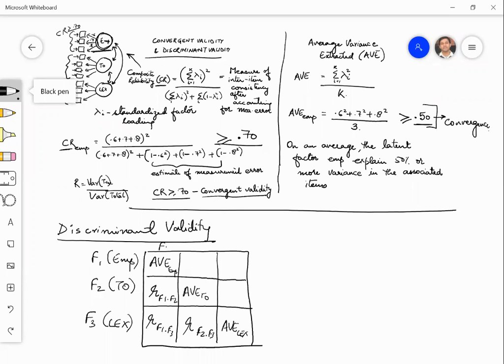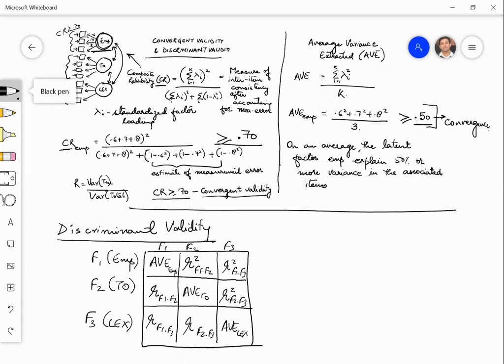And above the diagonal, you write the square of those values: R square F1 F2, R square F1 F3, and R square F2 F3. So this is correlation below the diagonal and square of the correlation above the diagonal.